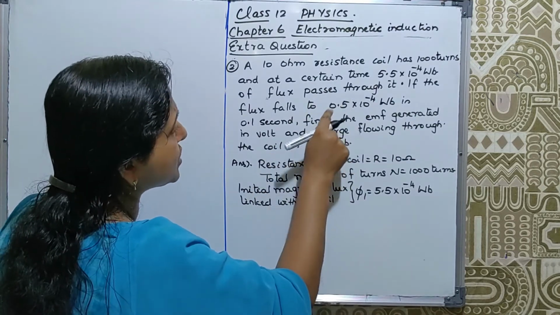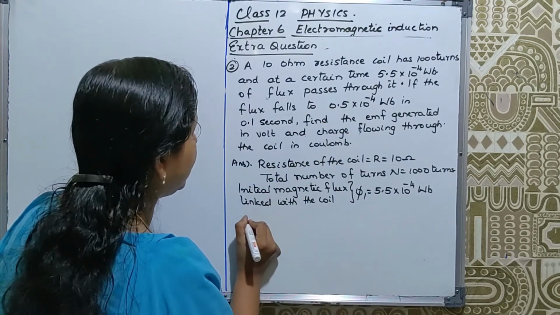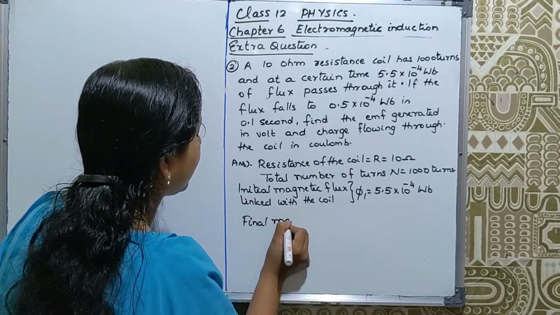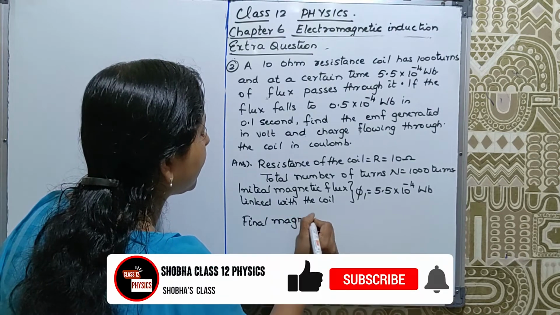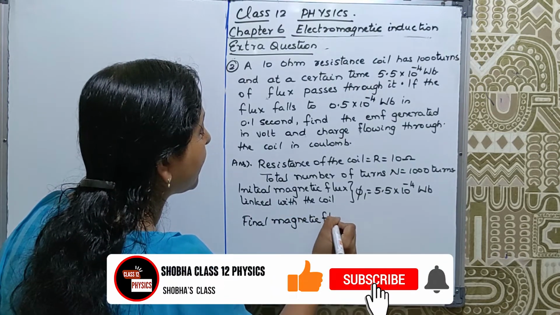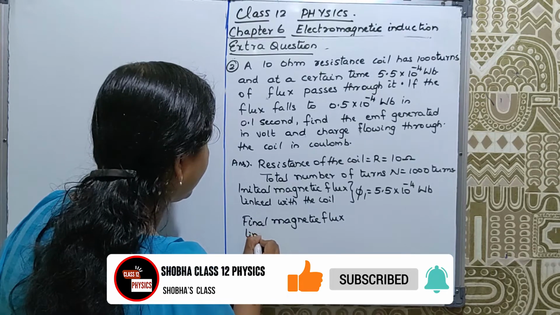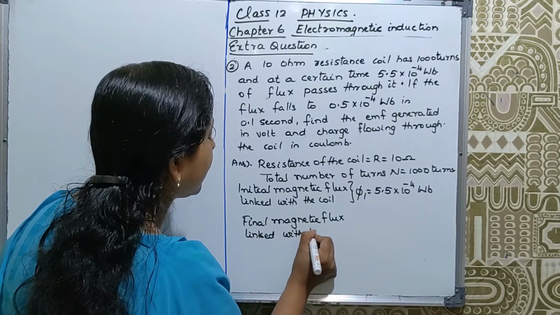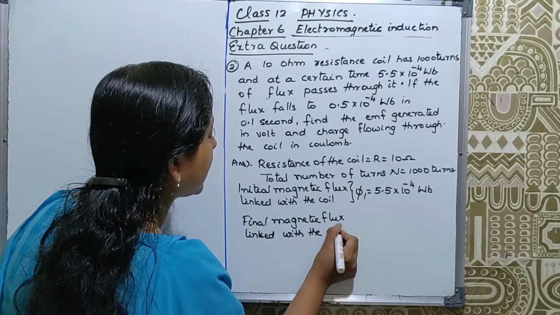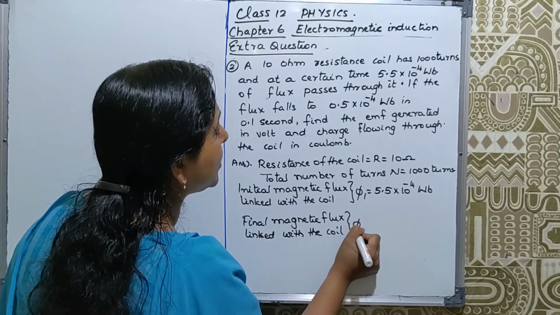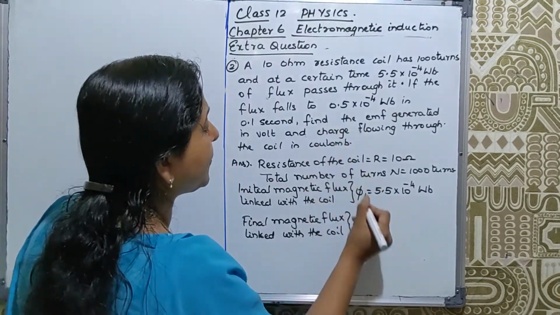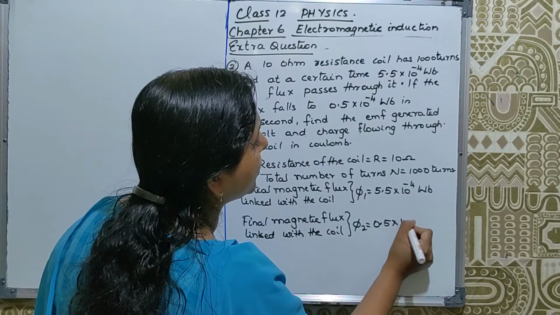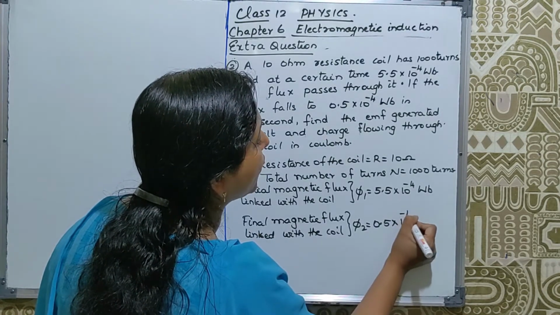So final magnetic flux linked with the coil, phi2, equal to 0.5 into 10 raised to minus 4 Weber.